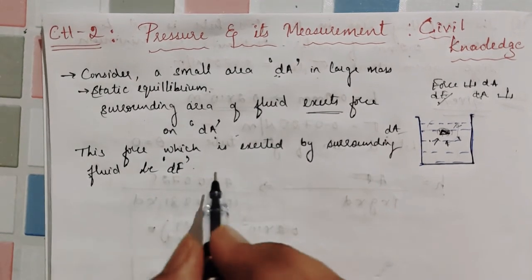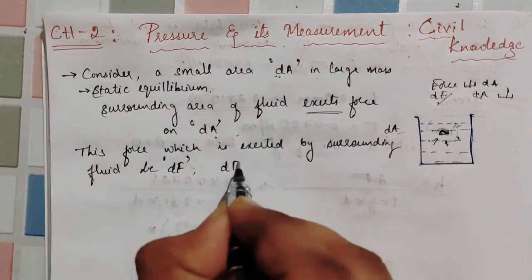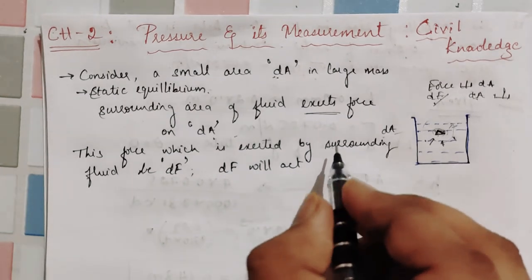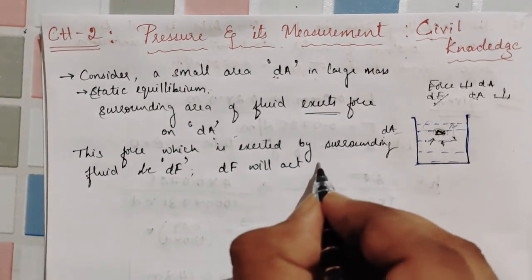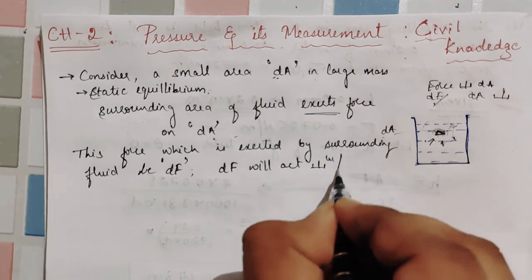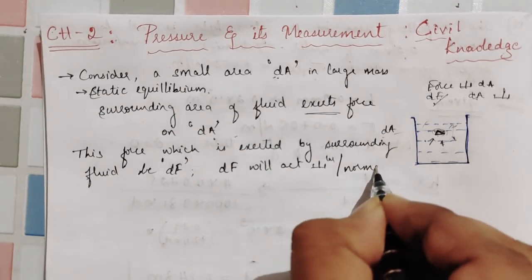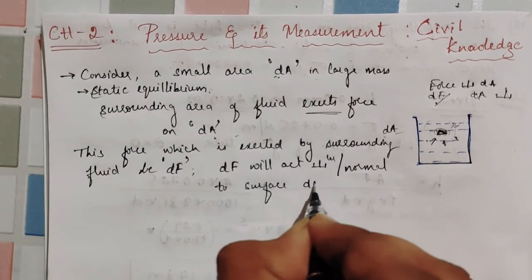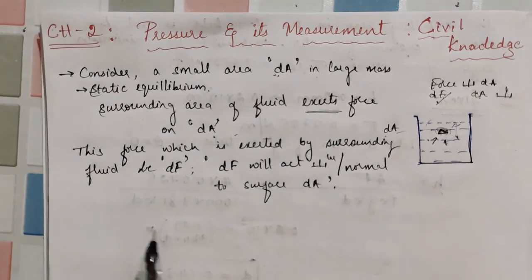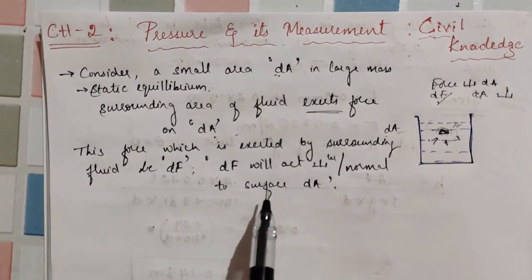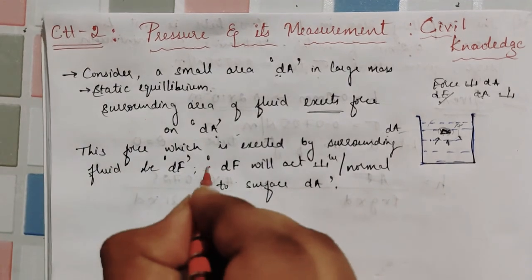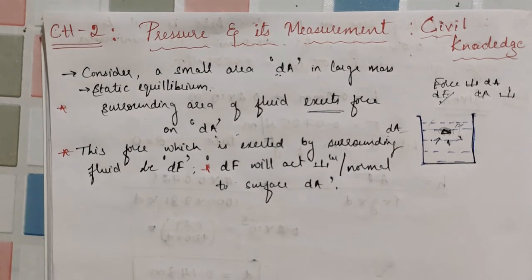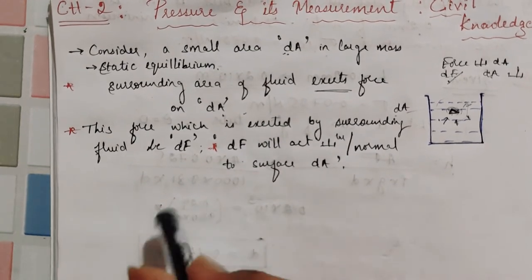Also this dF will act perpendicular, or normal, to the surface dA. So here 3 points are there, which are basic points. Just understand, that's it.